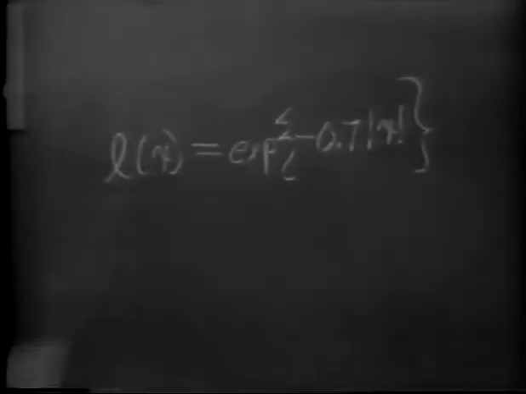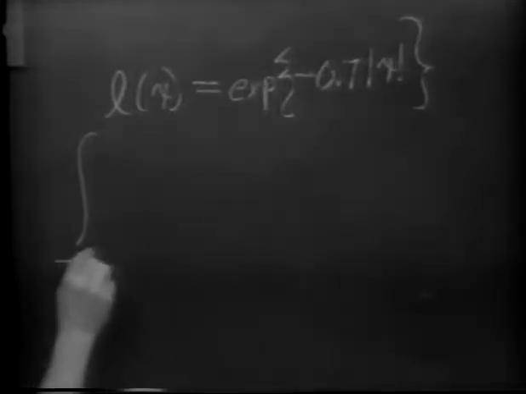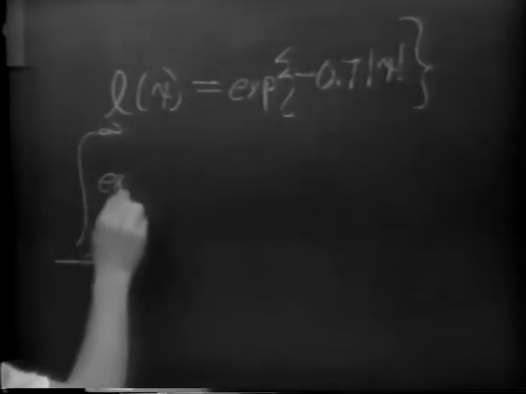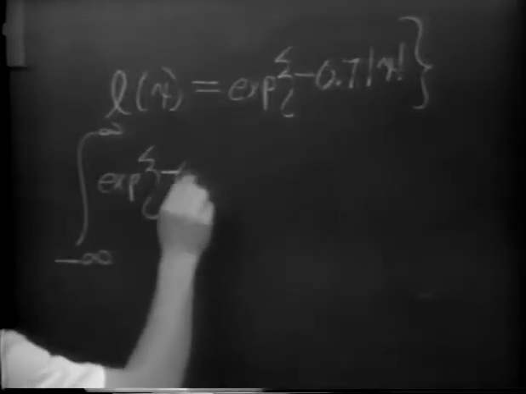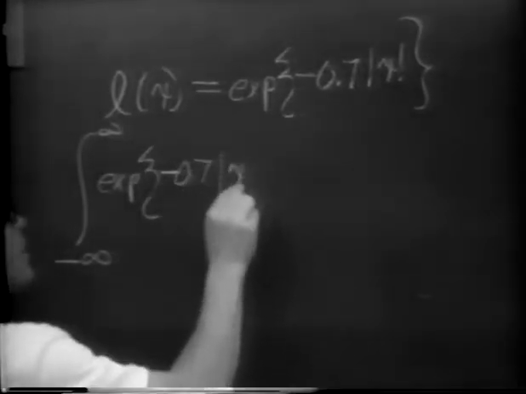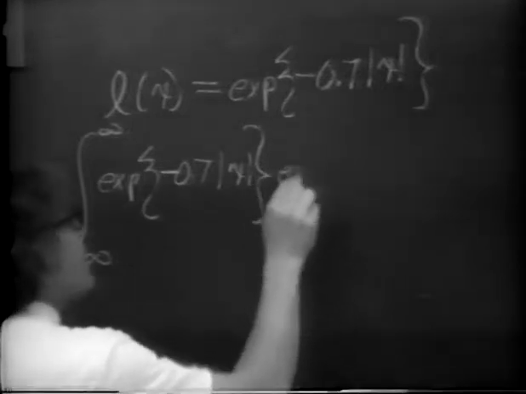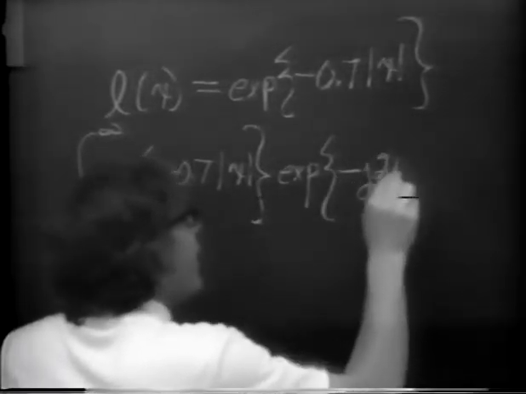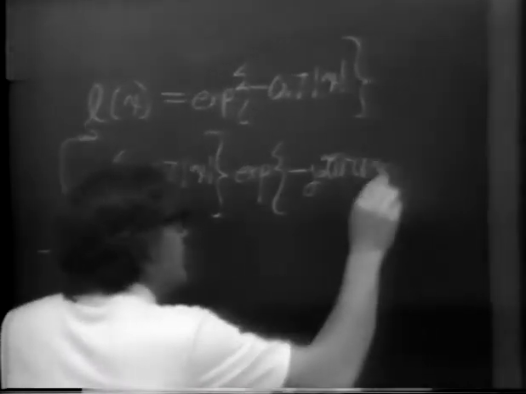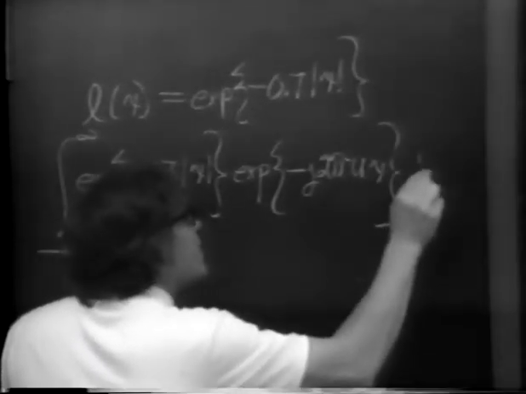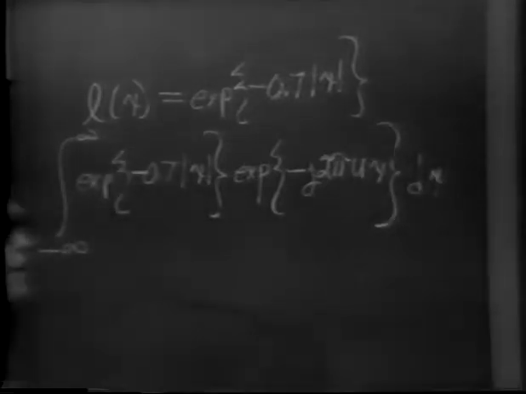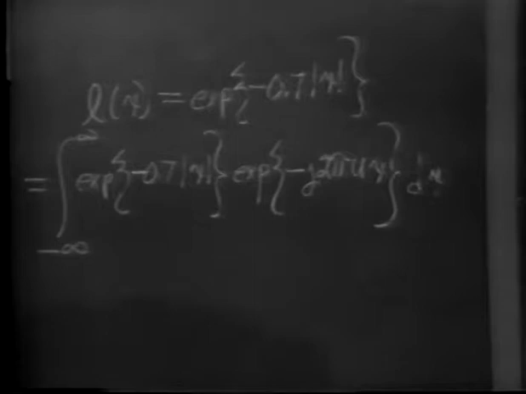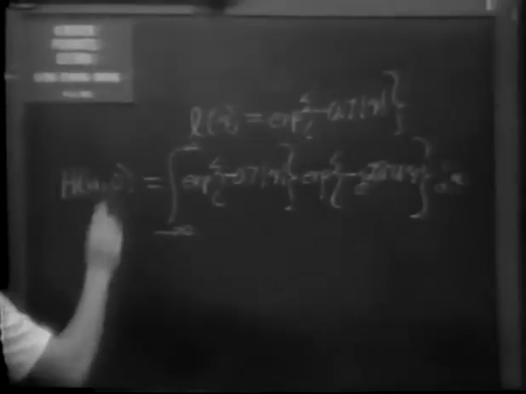I want the Fourier transform of this, so I would have an integral from minus infinity to infinity of exp to minus 0.7 times the absolute value of x times the other kernel exp to the minus j 2 pi ux, and I would integrate that with respect to x. And this would all be equal to h of u and 0.